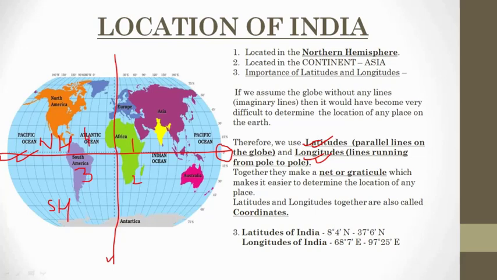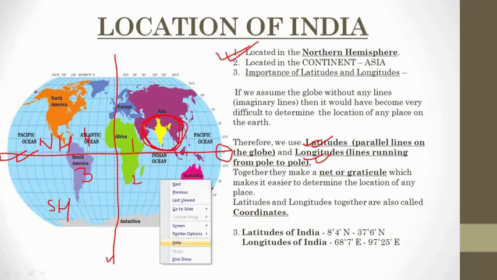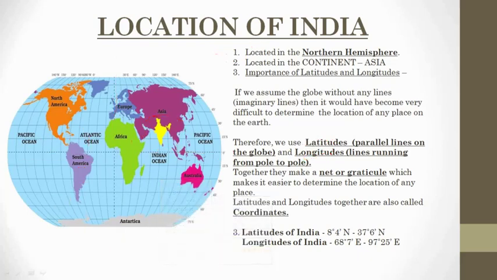Now if I ask, where do you find India? You will definitely say that India entirely lies in section 1, which is the northern hemisphere of the earth. So from here we learn that India is located entirely in the northern hemisphere. Just to revise, India lies in the continent of Asia.